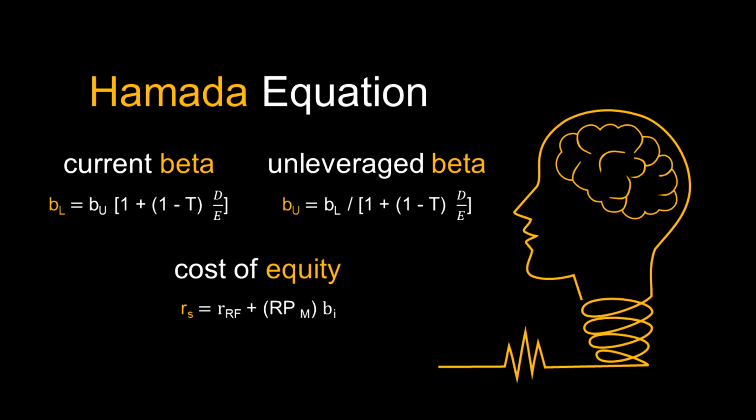So the formula can be derived from the current beta, which is B sub U is equal to B sub L over 1 plus 1 minus T times D over E. In solving for the cost of equity, we have here the formula. R sub S is equal to R sub RF plus RP sub M times B, or the beta.